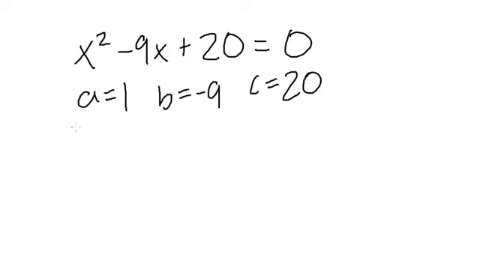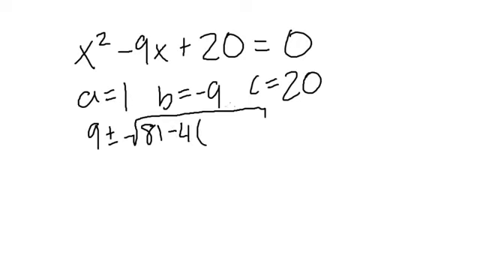So we'll get negative b, so the negative of negative 9, which is just positive 9, plus or minus the square root of b squared, which is just 81, minus 4 times a times c. So a times c is 20, and then all of this over 2a.